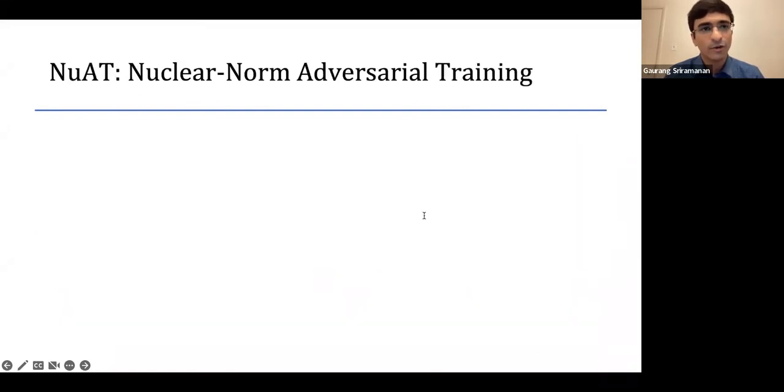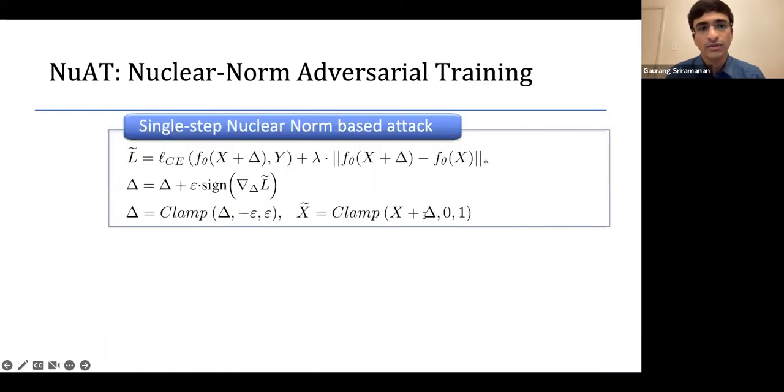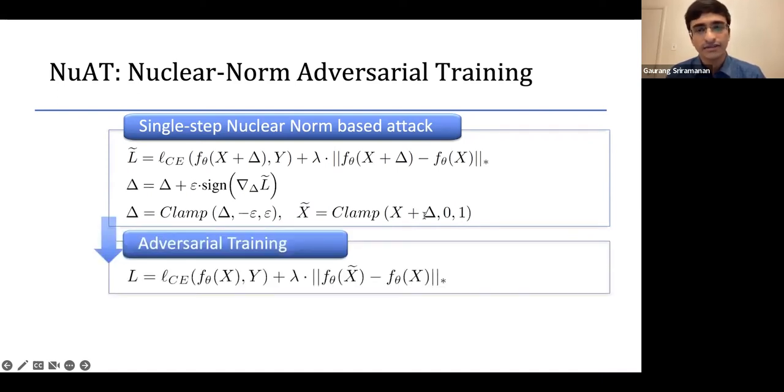I'll now present the overall algorithm for the proposed single-step training scheme called nuclear norm adversarial training, or NuAT. We first generate the adversaries by maximizing the nuclear norm regularizer in addition to the standard cross-entropy loss by using a single gradient update. In the adversarial training step, we minimize the nuclear norm of the matrix, consisting of the same difference of pre-softmax values for the clean and perturbed images, in addition to the cross-entropy loss.